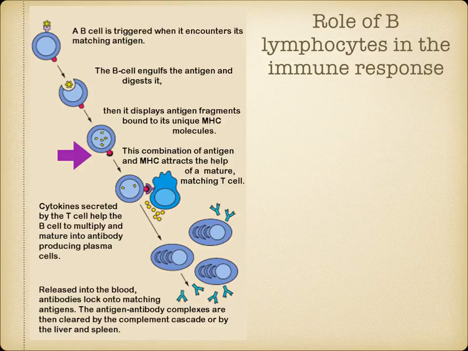The B lymphocytes process these antigens and then they bind them to a protein called the MHC, which stands for Major Histocompatibility Complex protein. The MHC protein presents the processed antigen on the surface of the cells, which are then referred to as antigen-presenting cells.